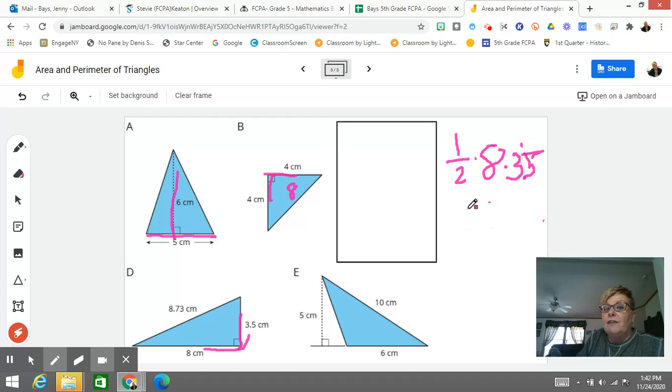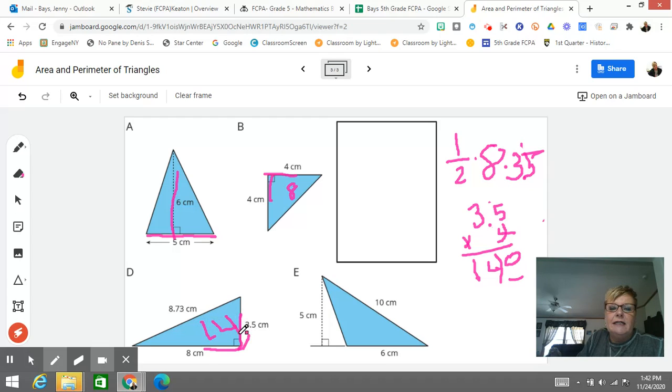So now I've only got 3.5 times 4. That would be 20. Carry your 2 would be 14. And don't forget how to do your decimals. You've got one decimal place, so you need one decimal place. So your answer for that one would be 14 square centimeters.